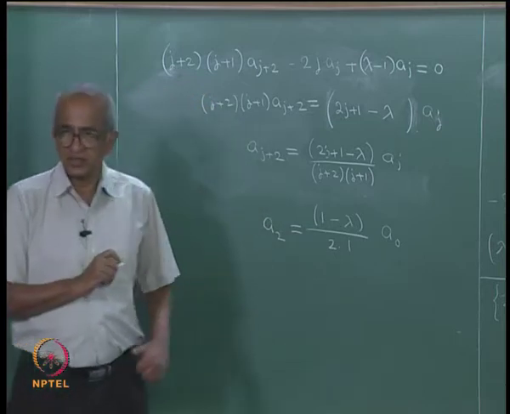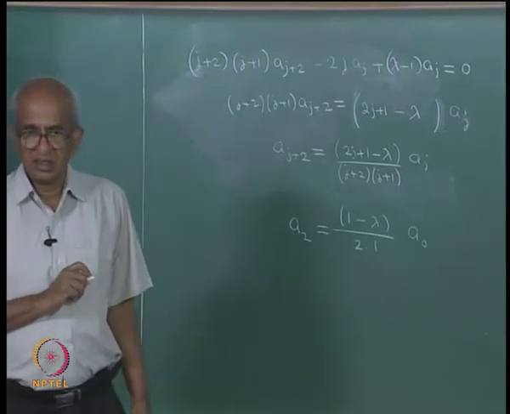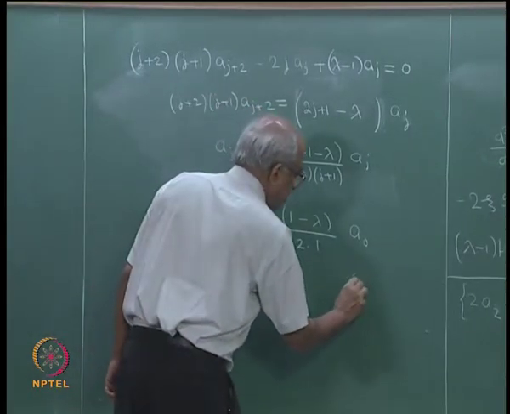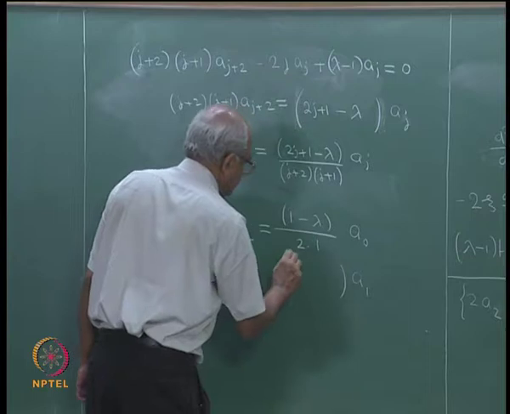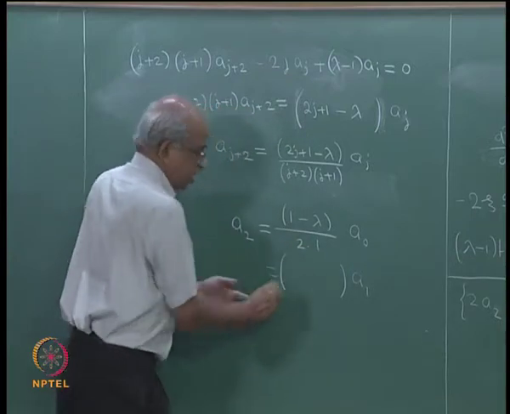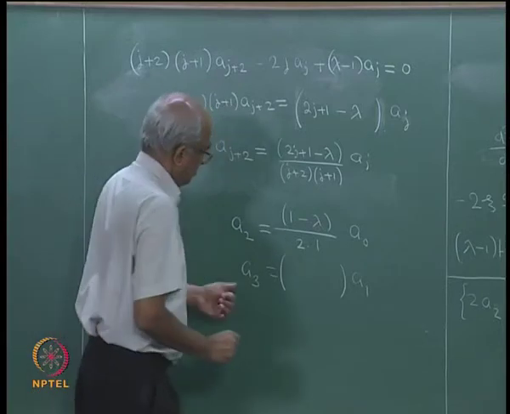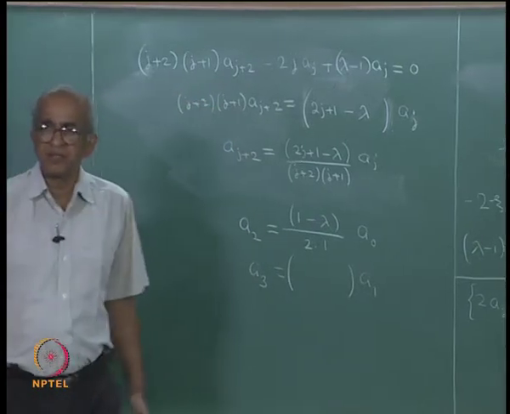That is what this says, correct. And similarly, if I put j equal to 1, you will find a1 here. I am not going to write this, you can easily write what it is, and that actually will give you the value of a3.